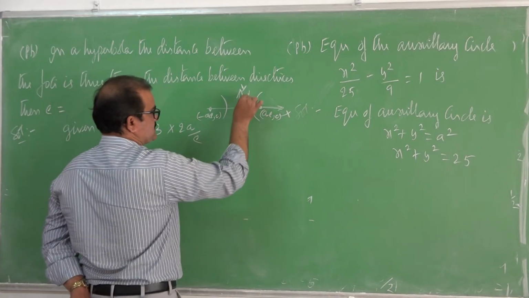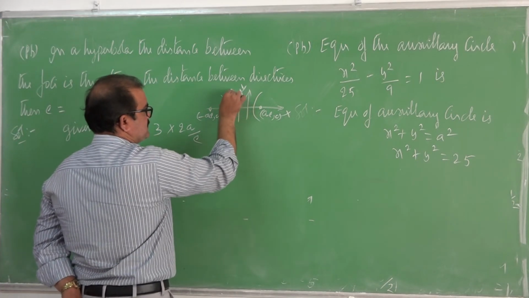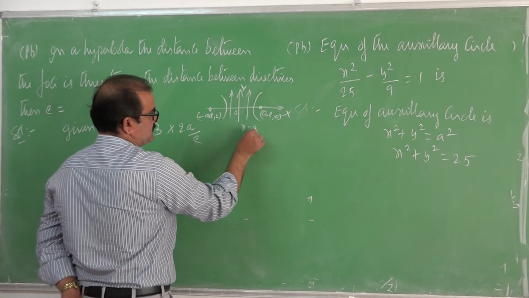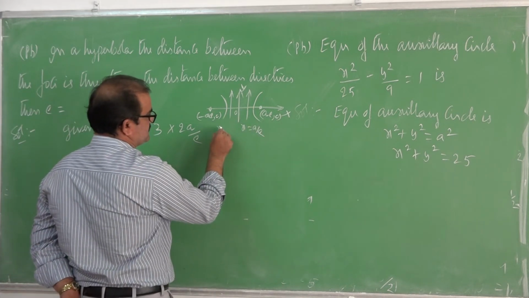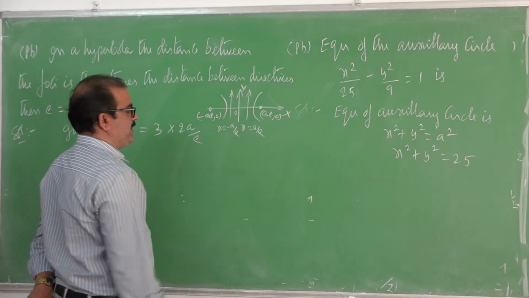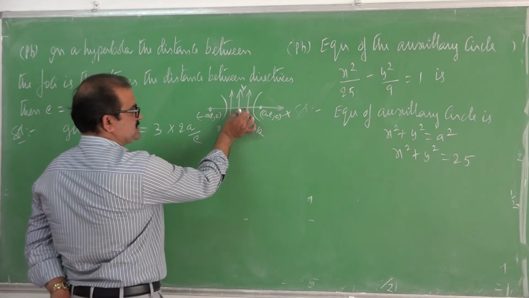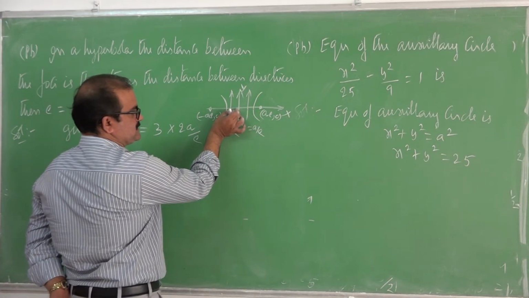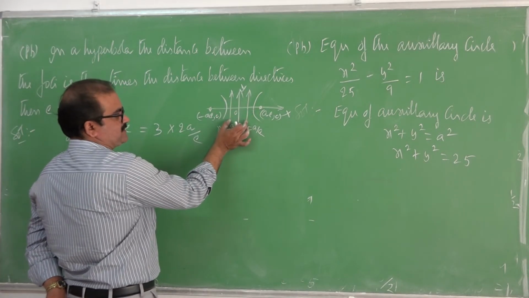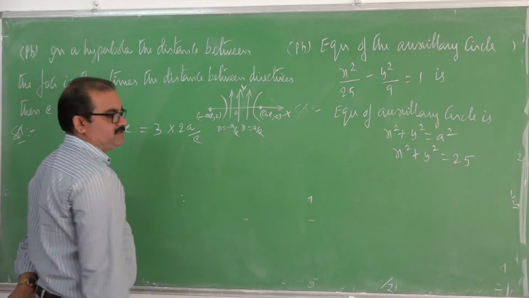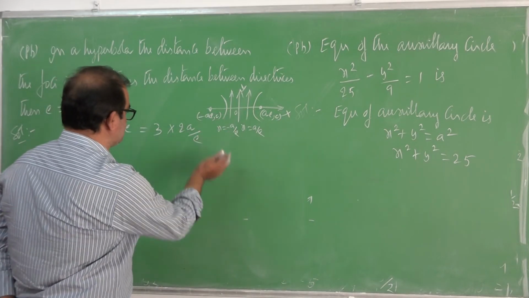Next, directrices. This is one directrix, with equation x is equal to a by e, and this is x is equal to minus a by e. This distance is a by e, and this distance is a by e. So the total distance between these two directrices is 2a by e. From the diagram it is clear.